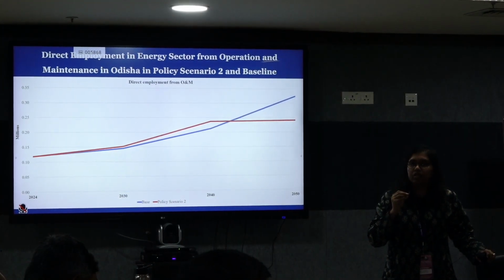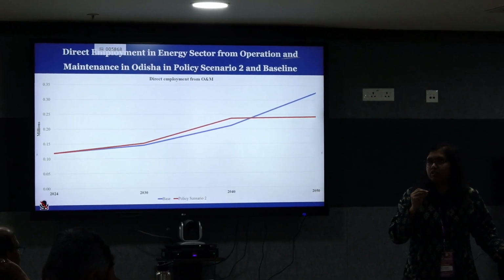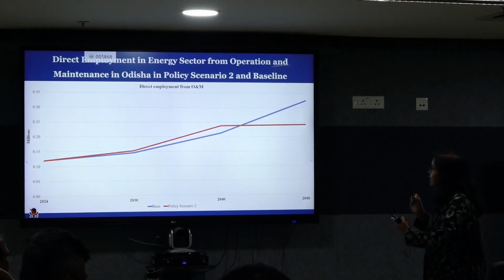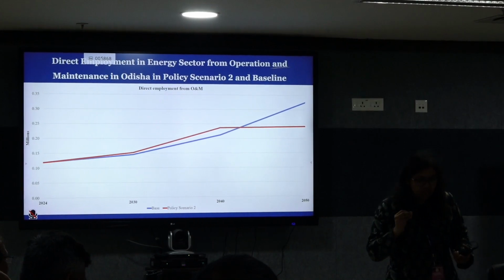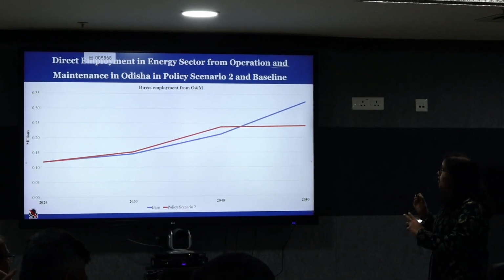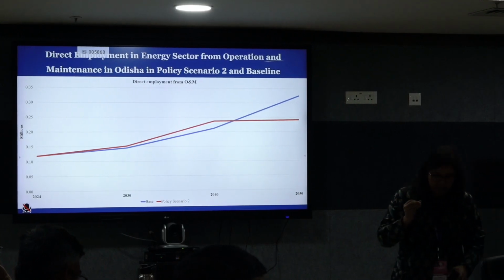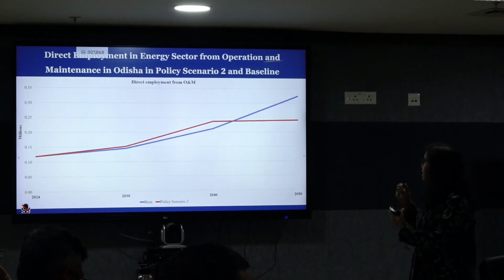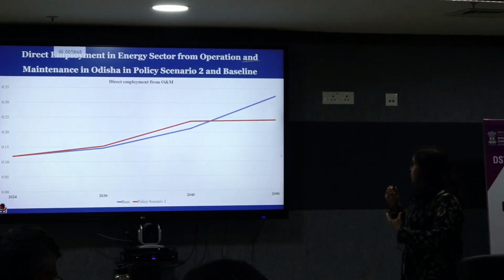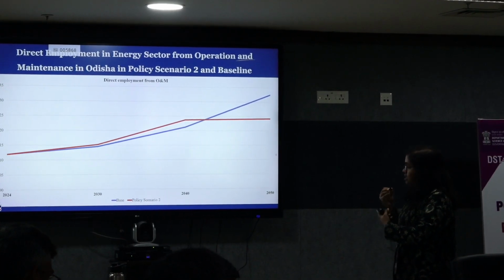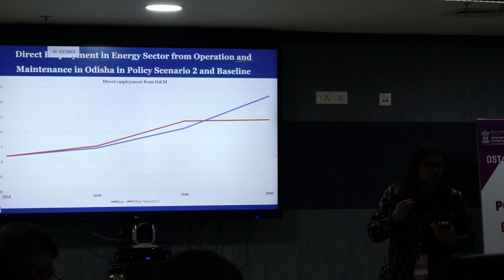There is a large coal mining and power producing sector, so employment in this sector will be affected a little bit. There will be less direct employment in the policy scenario as compared to the baseline scenario.